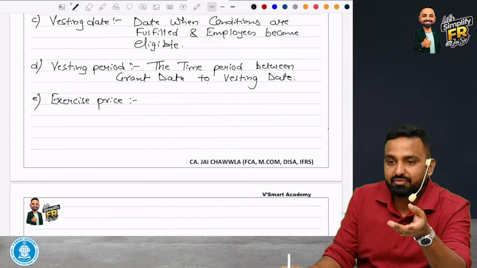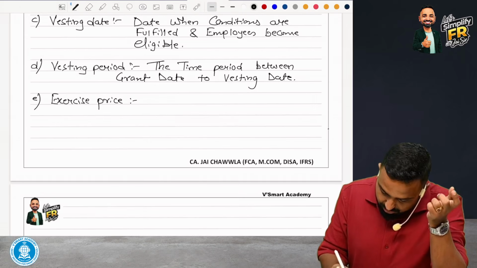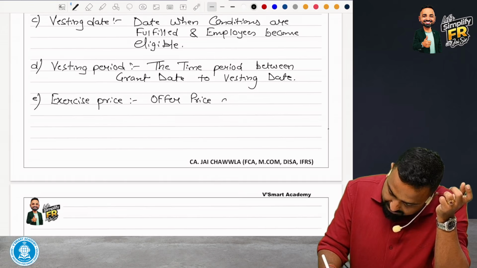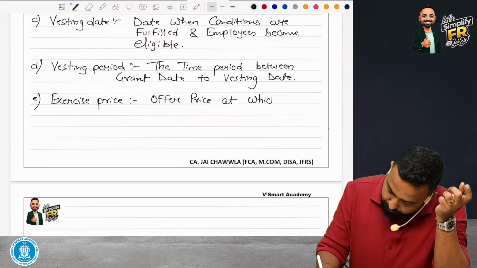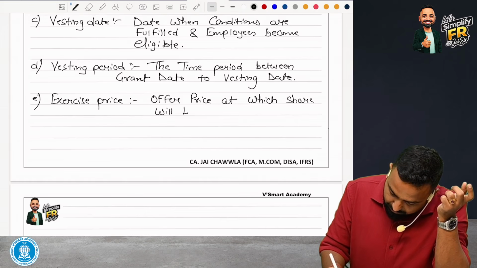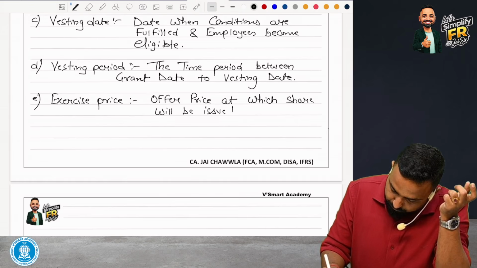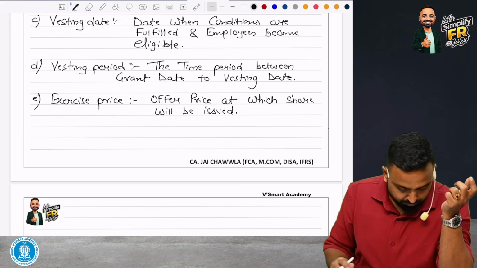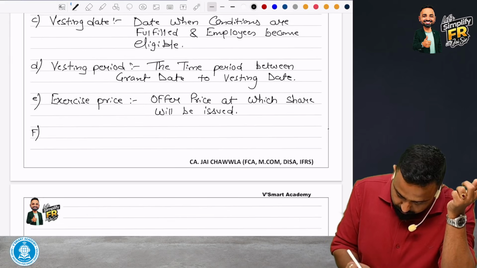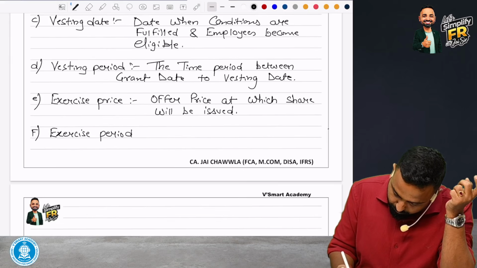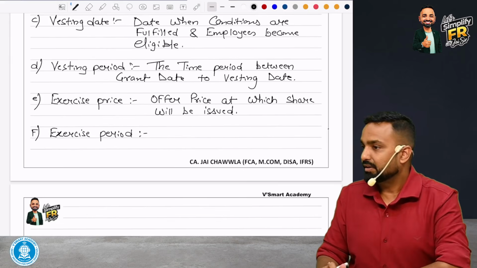Offer price at which the shares will be issued. Next, exercise period.